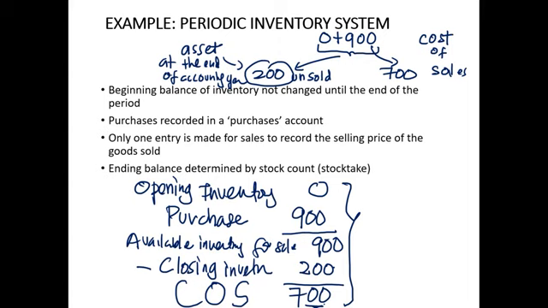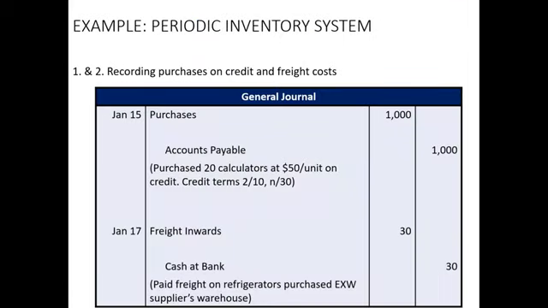So how does this system work? Okay, for purchase, instead of debit inventory, we use inventory in our perpetual inventory system. Under periodic system, they don't keep any inventory, so they just record it as purchases.